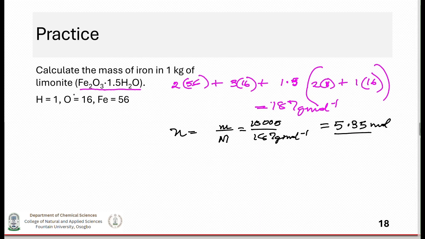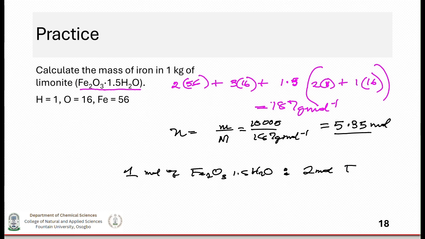Now, we are looking for the mass of iron. And iron is 2, Fe2. So it means 1 mole of limonite, that is Fe2O3, 1.5 H2O, contains 2 moles of Fe.